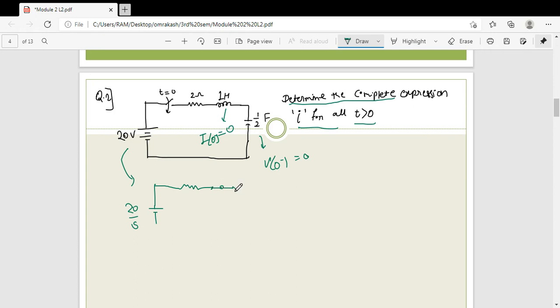And the value of this inductor is 1S, so 1 into S is S. The 2 ohm resistance is 2 ohm, and this is S ohm. And the capacitance in terms of I of S is 1 by CS, right? 1 by CS is nothing but 2 by S in ohm.